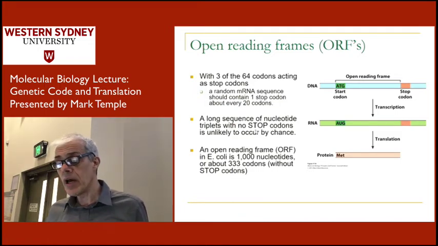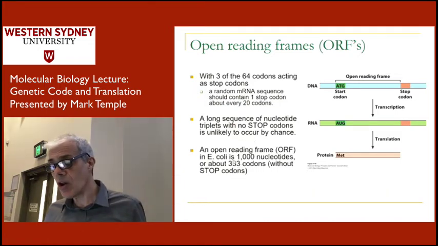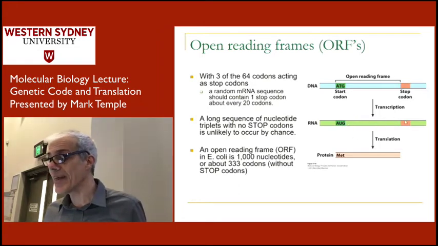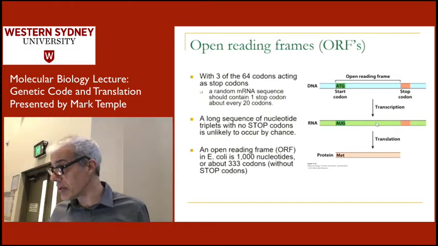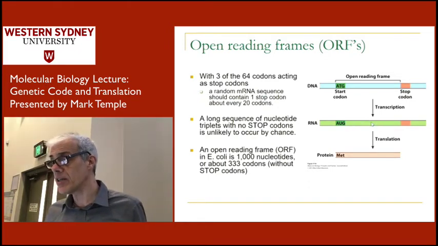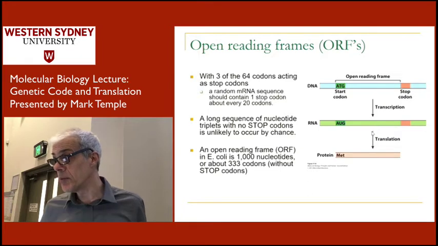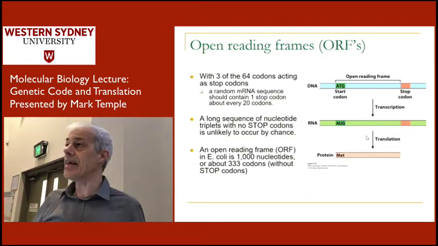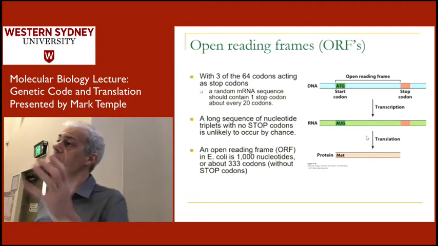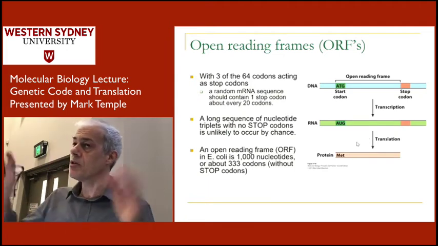Okay? So you can tell when you see a long stretch of sequence without a stop codon in that particular reading frame, then that's going to be a gene. And this is some of the bioinformatics tricks we use nowadays, because we're sequencing hundreds of organisms daily. People are going around getting bacteria, and their job is just sequencing them.